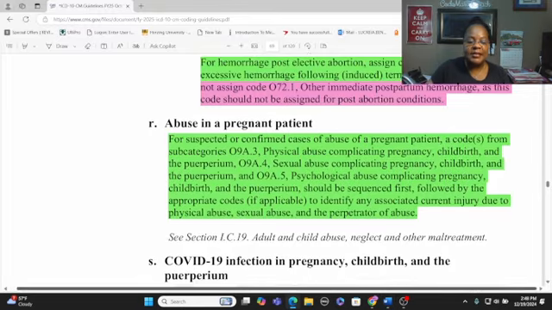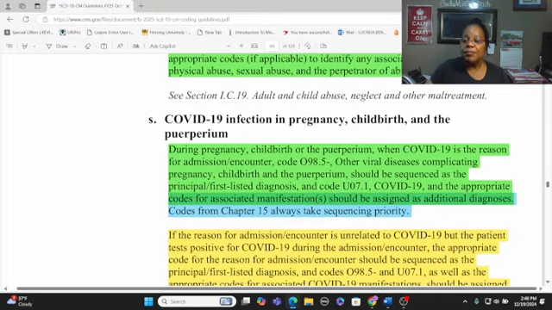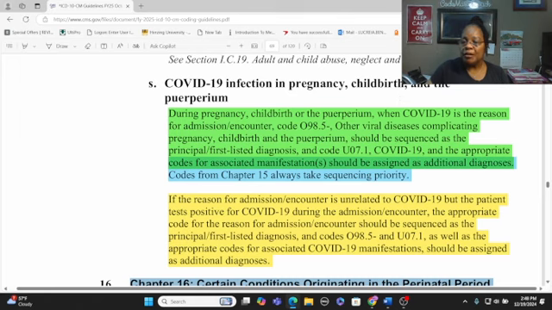So S says, during pregnancy or the puerperium, when COVID-19 is the reason for admission or encounter, code O98.5, other viral diseases complicating pregnancy, childbirth, and the puerperium, should be sequenced as the principal or first listed diagnosis, and code U07.1, COVID-19, and the appropriate codes for the associated manifestations should be assigned as additional diagnoses.